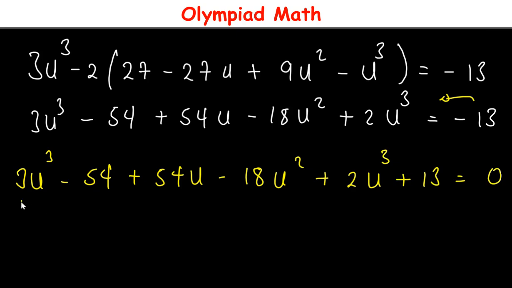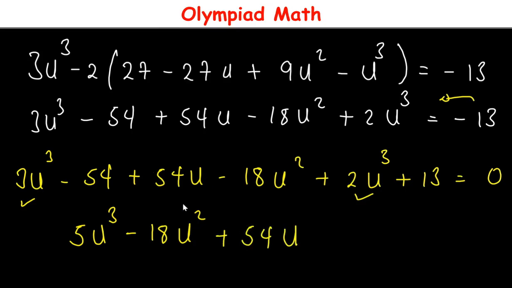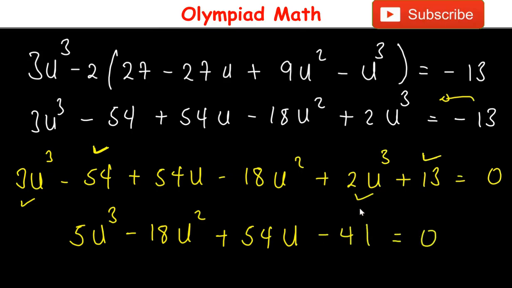So from here, 3u cube plus 2u cube, 5u cube. And we have minus 18u squared. Then we have plus 54u. Then minus 54 plus 13 is equal to minus 41. And this equals 0.